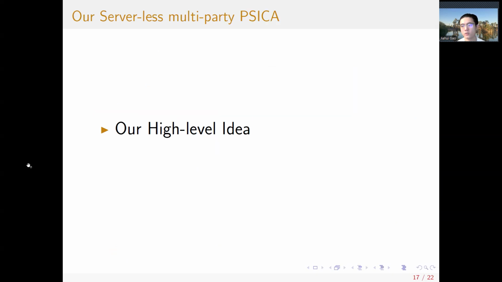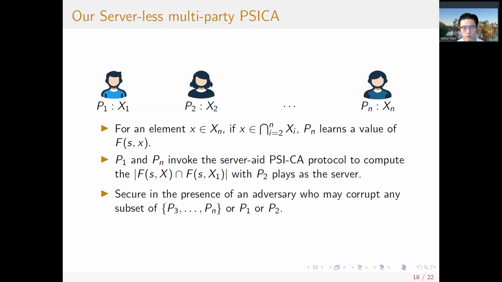Now we are ready to introduce our main construction, which is the serverless multi-party PSICA protocol. The idea is that for an element X belonging to Xn, we want to check whether this X also belongs to all the other parties, P2 through Pn-1. If yes, then Pn will learn a PRF value of this element with respect to key S. At the same time, P1 can also compute the PRF value of his input set X using the same key.